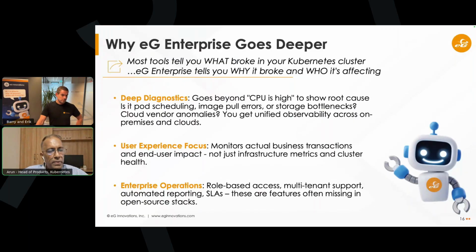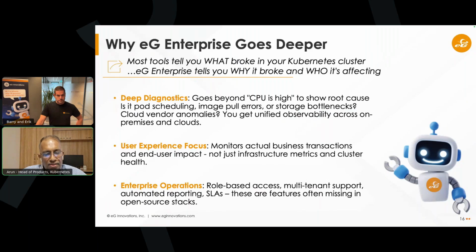If you're an MSP, or even if you're a shared services organization hosting many teams, many sub-organizations within your organization, you need that multi-tenant support. You need the right tagging and metadata, for example, namespaces and deployments, so that you can do targeted instrumentation, which we'll talk about later.